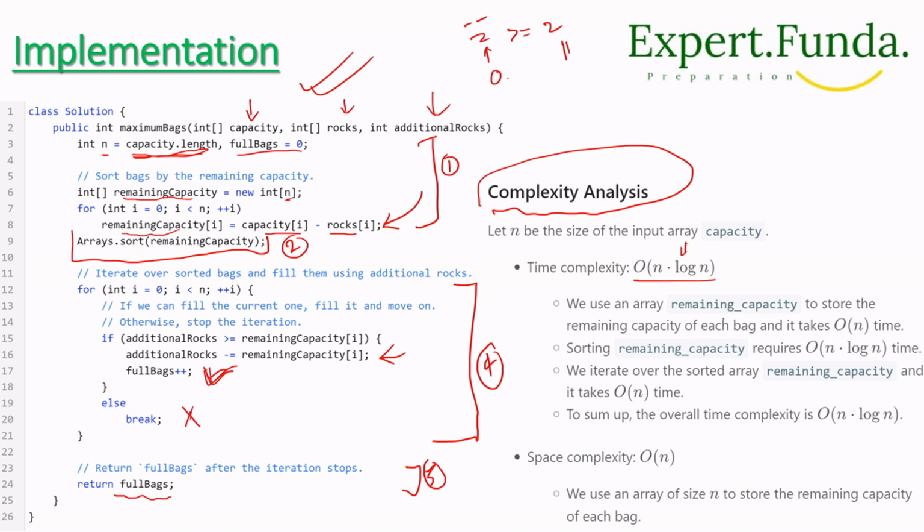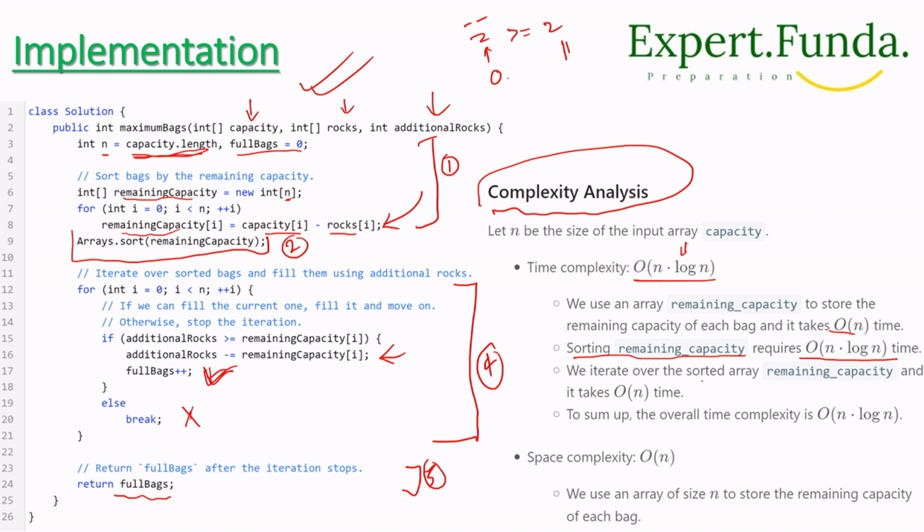We use remaining capacities to store the remaining capacity of each bag, and it takes O(n) time because the array size is n. But we are doing sorting in step 2, and that requires O(n log n) time.